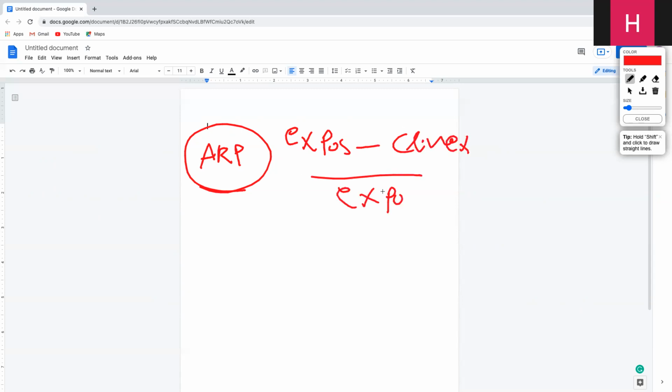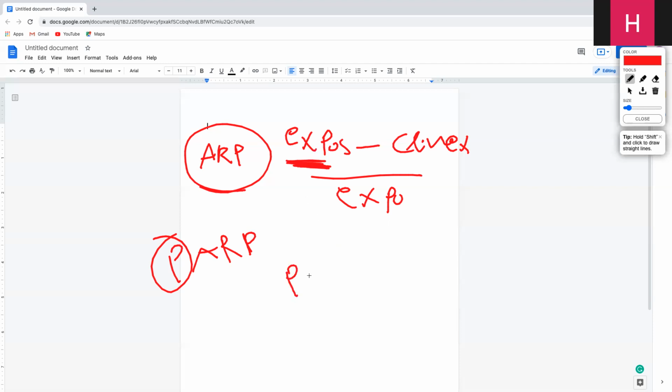When it comes to the attributable risk percentage in the population, you don't want the percentage of developing this disease in the exposure. In the question, they didn't tell you in the exposure. They told you in the population or in all the study participants. So instead of the exposed risk, you will use the risk in the population.